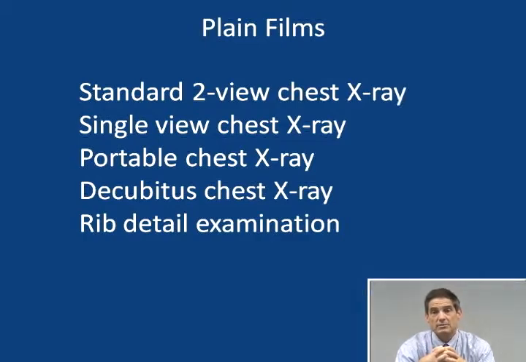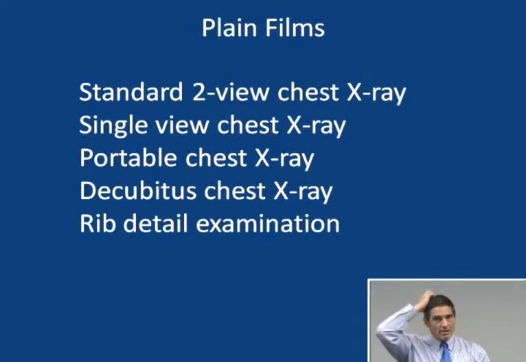Rib detail exams, specific views to detect whether there are any broken ribs or rib lesions, a little higher detail. One note is that standard two-view chest x-rays are technically optimized to evaluate lung parenchyma and the mediastinum, and because of that they're shot with a higher kV, and that tends to burn out the ribs a bit, so you don't see the ribs all that well on a standard chest x-ray, and you'll see them much better on rib detail film.